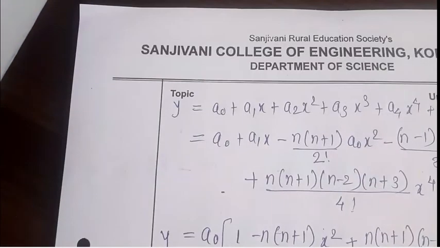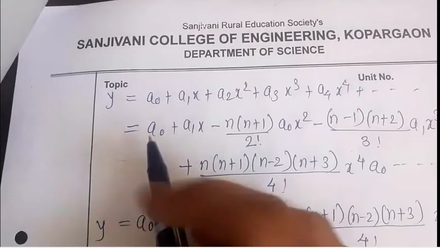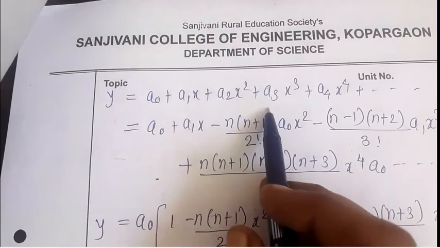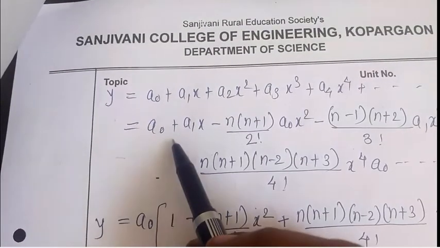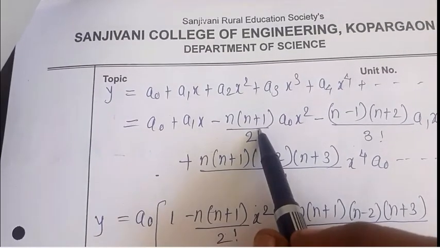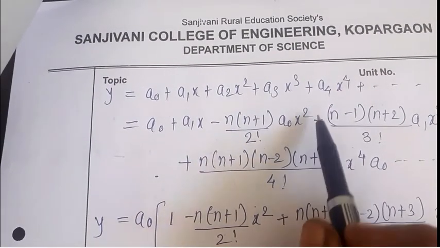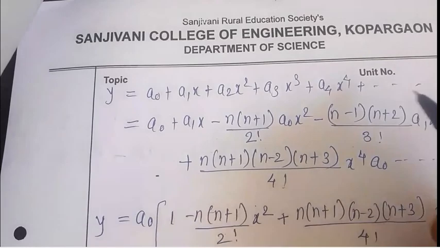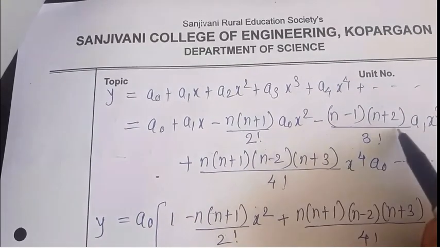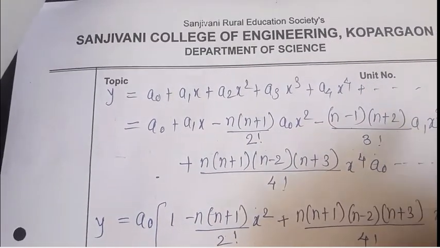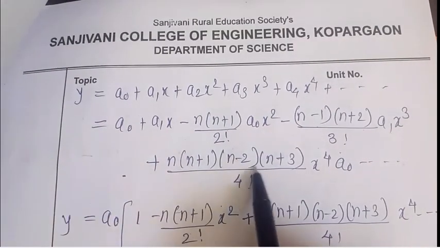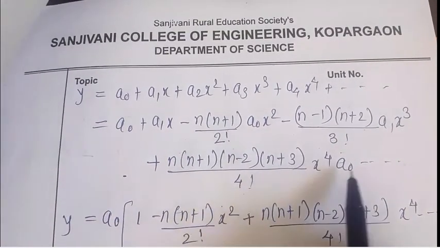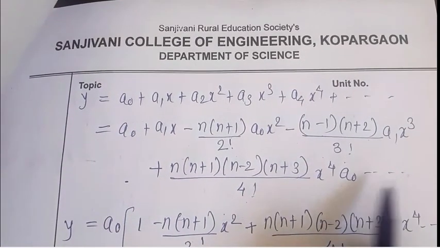Similarly, we can put all values in the given solution. So the solution is y equal to a0 plus a1x plus a2x squared plus a3x cubed and so on. Putting all the values: a0 plus a1x minus n(n+1)/2 factorial a0x squared, minus (n-1)(n+2)/3 factorial a1x cubed, plus n(n+1)(n-2)(n+3)/4 factorial x to the power 4 a0 and so on.